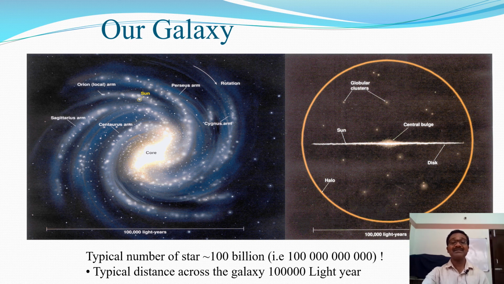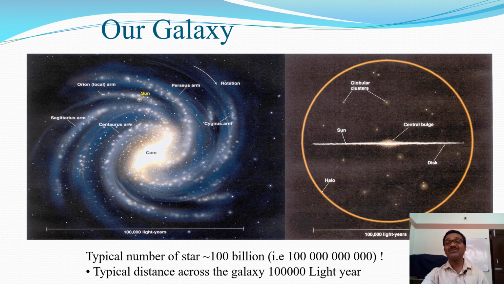The typical diameter of our galaxy is 1 lakh light years. That means from one end of the galaxy to the other end is 100,000 light years. As you know, it is too much distance.